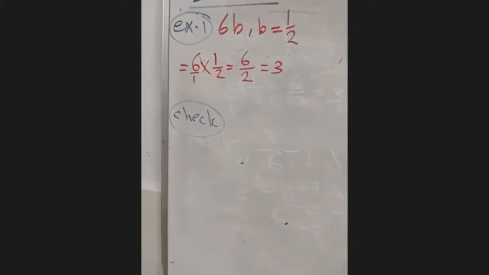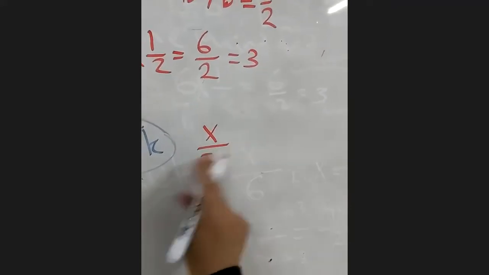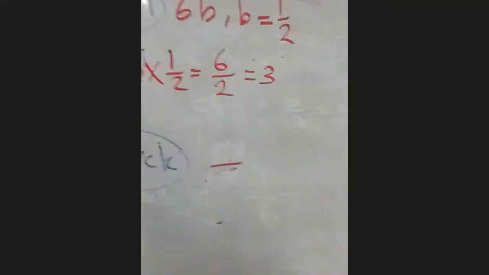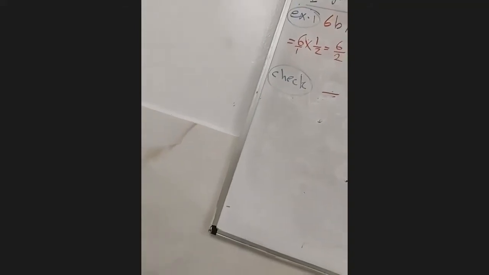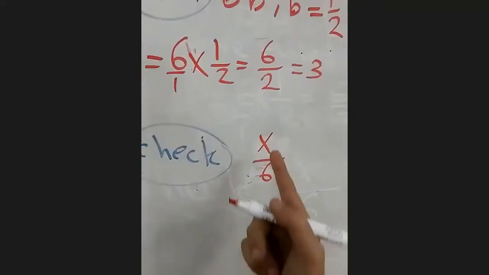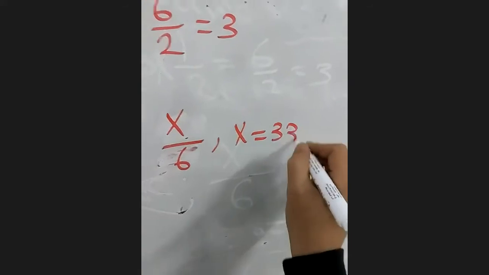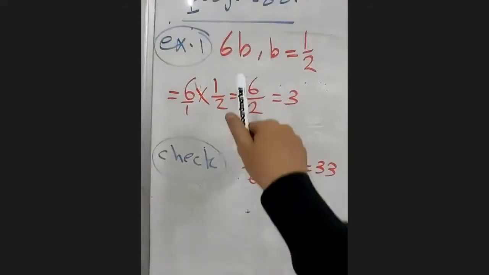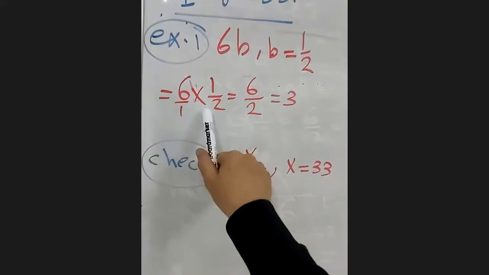Now the check also. The check under example 1: x over 6. Evaluate x over 6 when x equals 33. Here we have nothing between the number and the variable. We call it a coefficient. So I turn it to multiply.